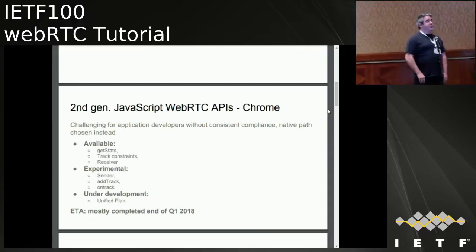So getStats, track constraints, receiver. So part of the 2nd generation of the API is here, but not all of it. The sender, which is the peer of the receiver, addTrack, ontrack, and so on, is still to be expected in a few revisions.